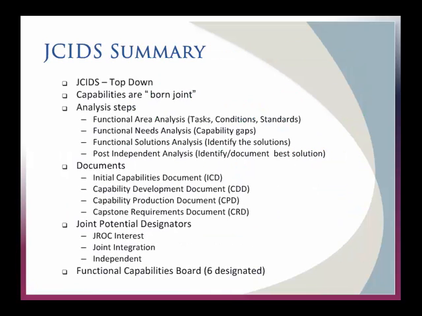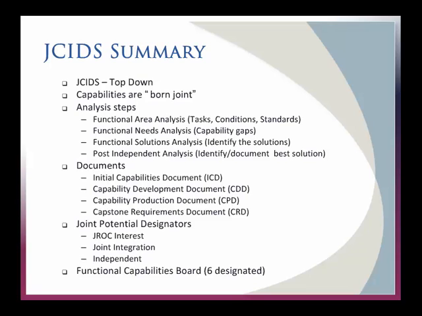All right, quick summary of JSIDS. So JSIDS is top-down. That's very important. It's not bottom-up. And the capabilities are, we call, born joint. You think about jointness at the beginning, and you're looking at joint documentation to motivate your program from the get-go. And you are not joint by exception within JSIDS. So there's these analysis steps, the FAA, the FNA, the FSA, and the post-independent analysis.